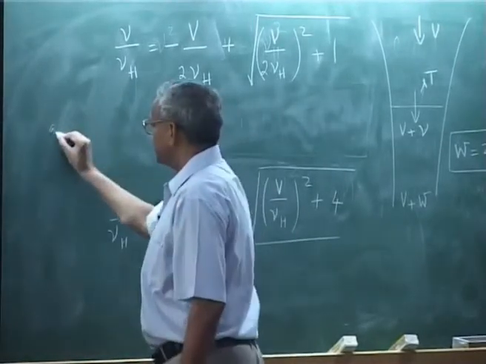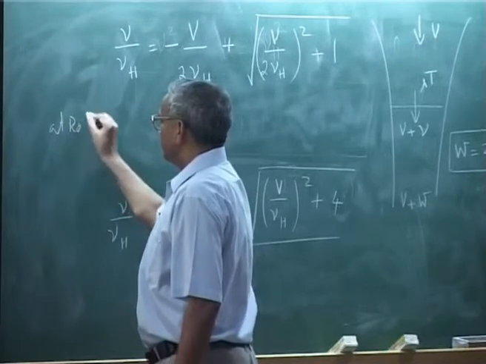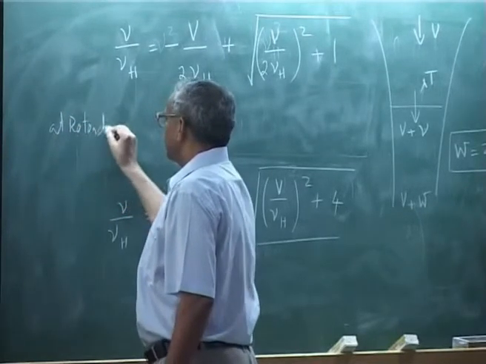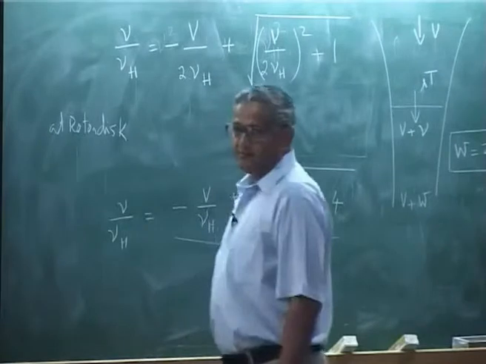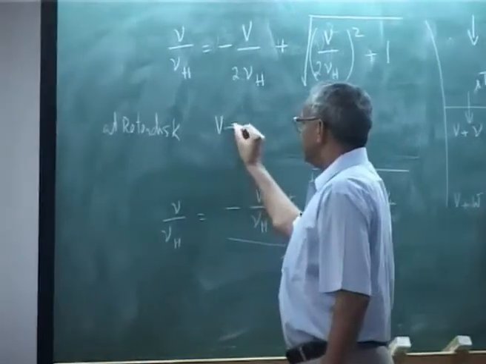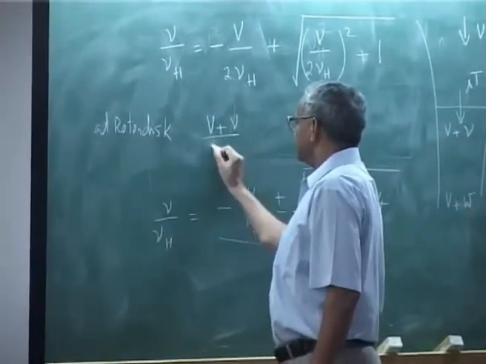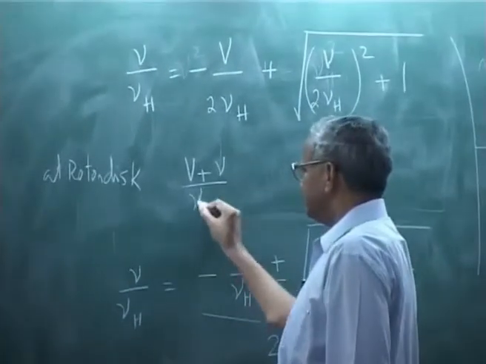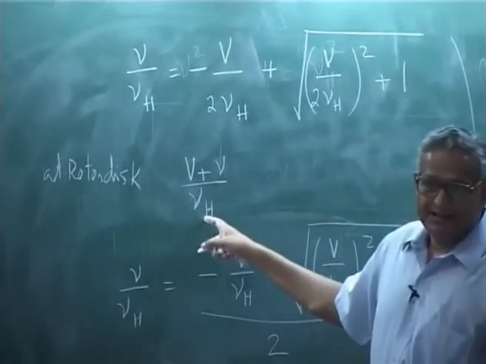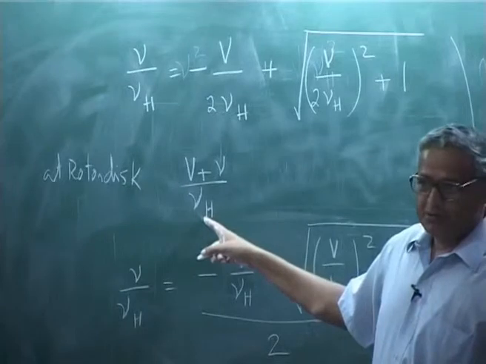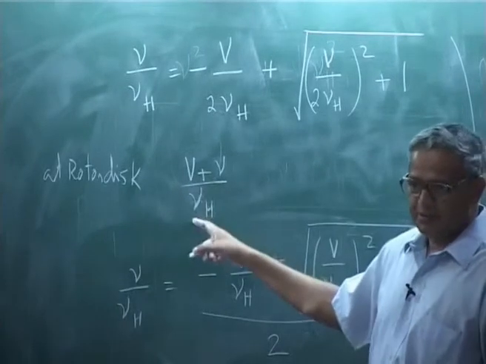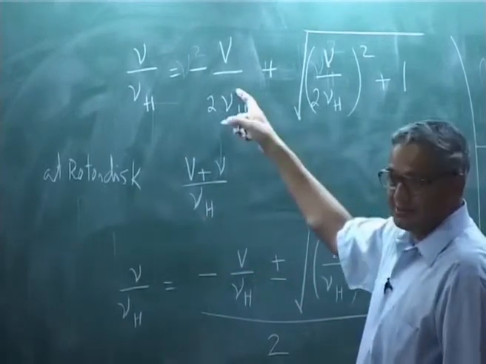So, at rotor disk, my flow is V plus nu over non-dimensional, because I am adding V plus nu H, V over this value. So, I will add the same thing here.